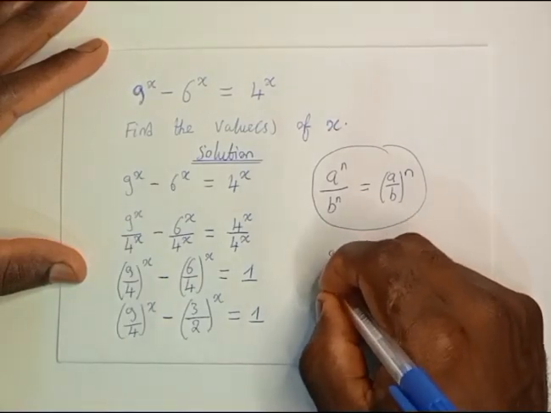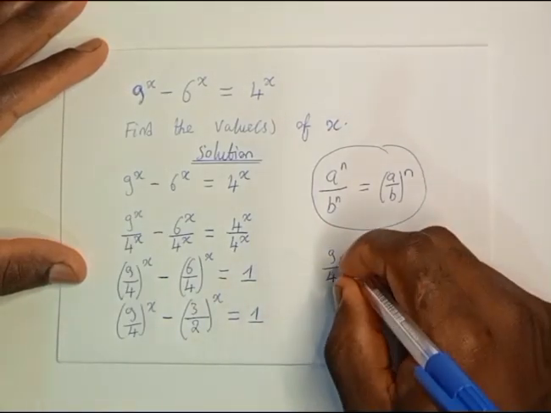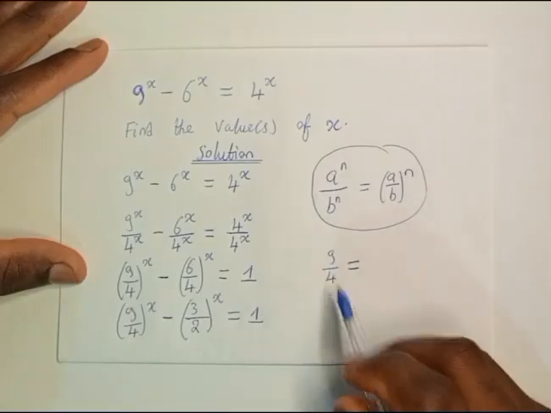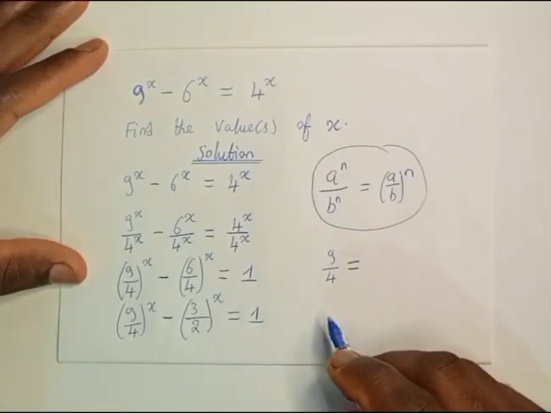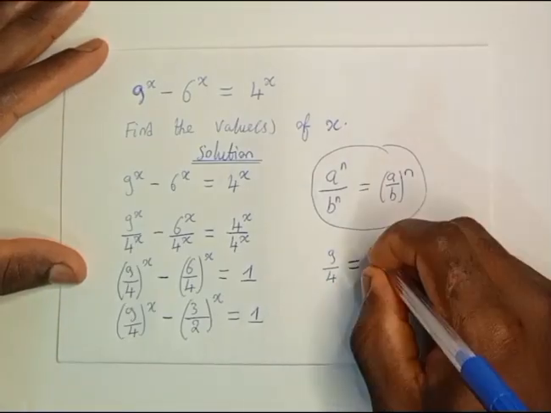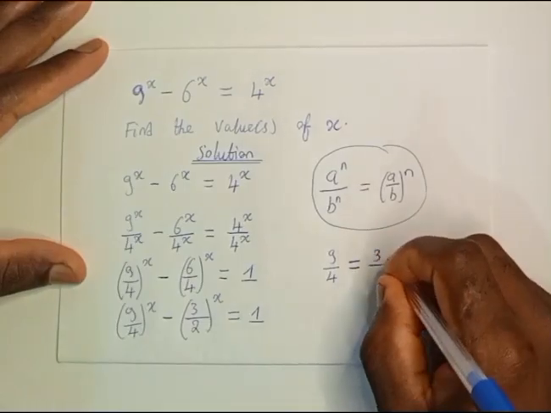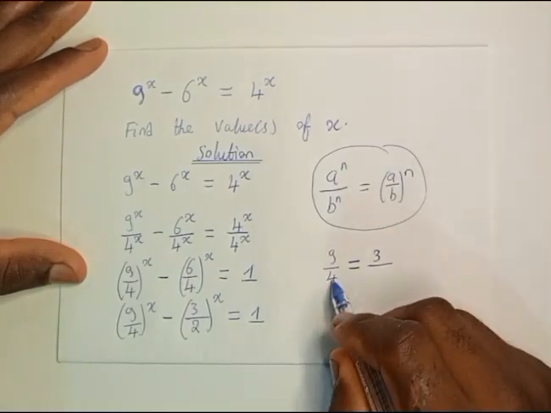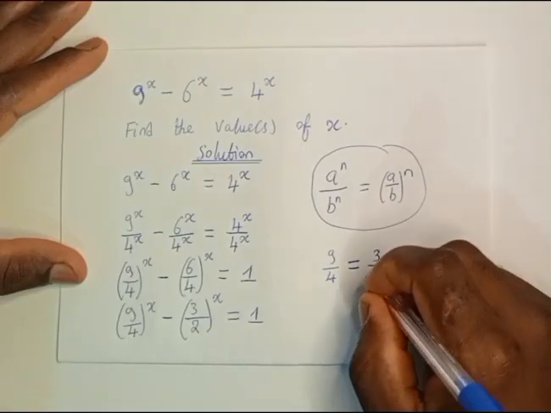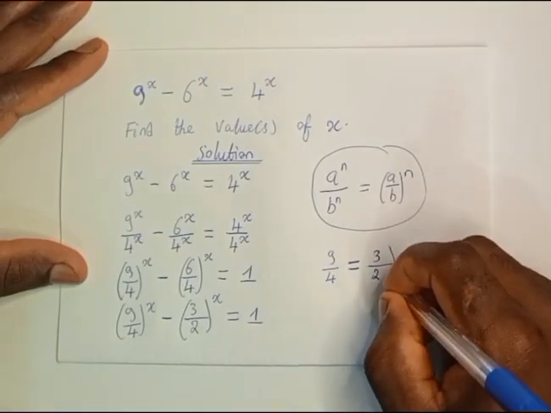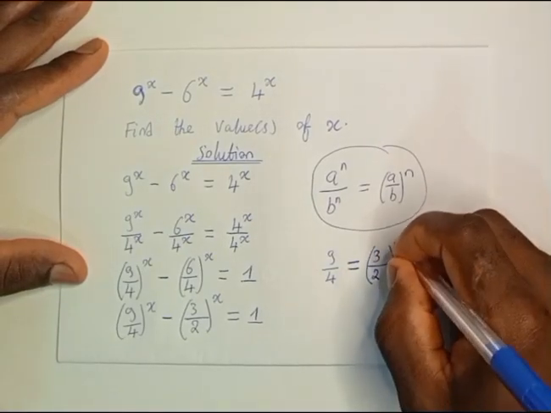9 over 4 can be expressed as follows: the numbers 9 and 4 are square numbers. 3 times 3 gives us 9, over 2 times 2 gives us 4. You can express this as 3 over 2 all this squared.